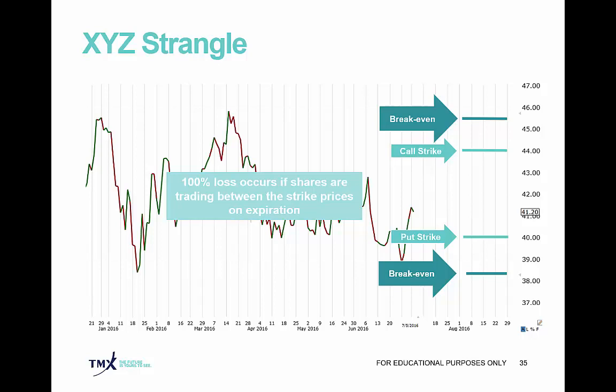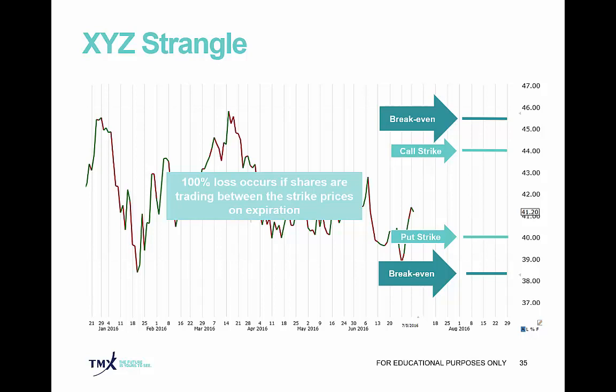Point being is that if you're looking at a stock and its historical volatility suggests that, look, on any given month, it's only moving $1 or $2 here and there, and it's never moved anything beyond that, even on an earnings report, don't create a strategy with a net cost of $3 if the stock's never moved that ever in its trading history, right? So you really want to be selective in that sense.